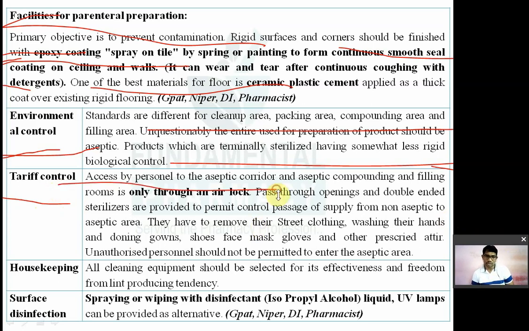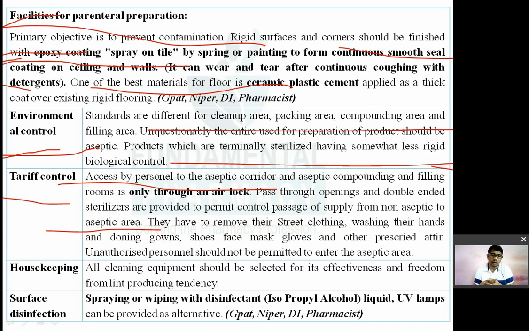They should pass through openings, and double-ended sterilizers are provided to permit controlled passage from a non-aseptic area to aseptic area. For example, suppose you work in a parenteral industry, you are going from the outside environment to the inside environment. You are going from non-sterile area to sterile area.